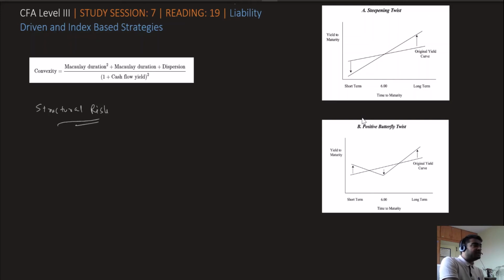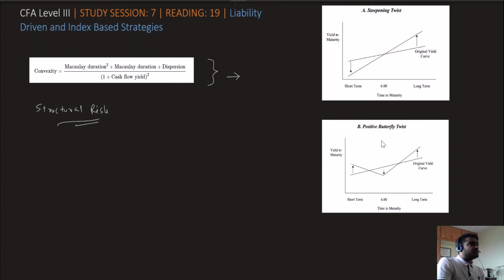Now before we deep dive into that, I would like to highlight one important formula for convexity which has been mentioned in the curriculum. Although it is not expected that there would be a question asking you to calculate convexity, it is important to note this formula just in case. All right. So now let's go back to the concept of structural risk.